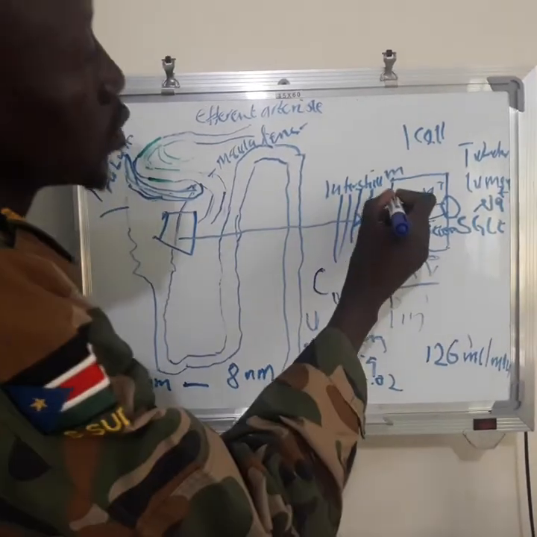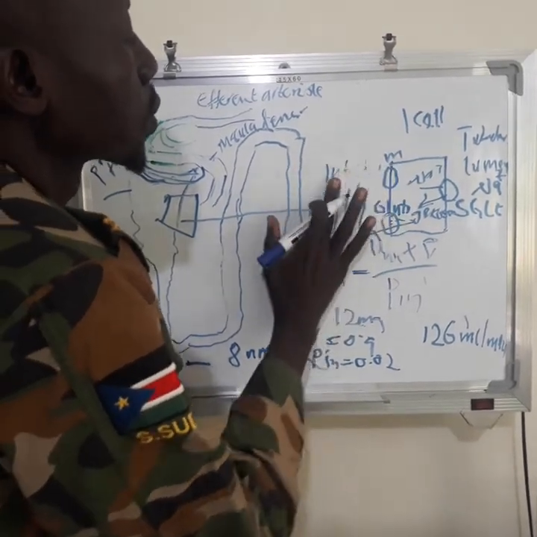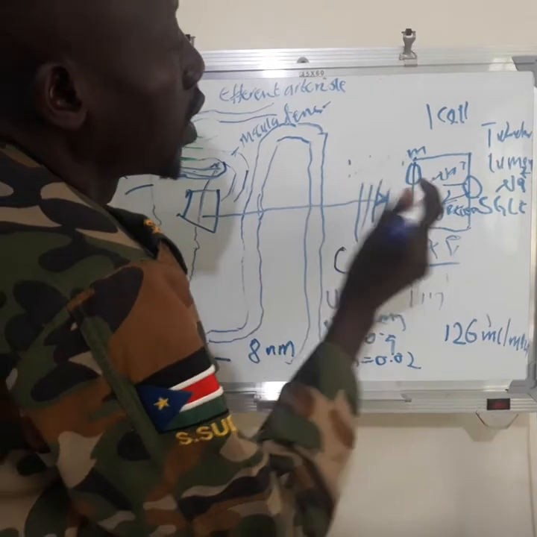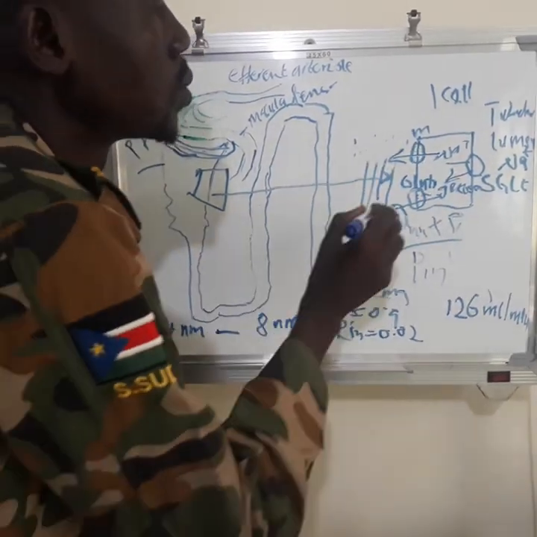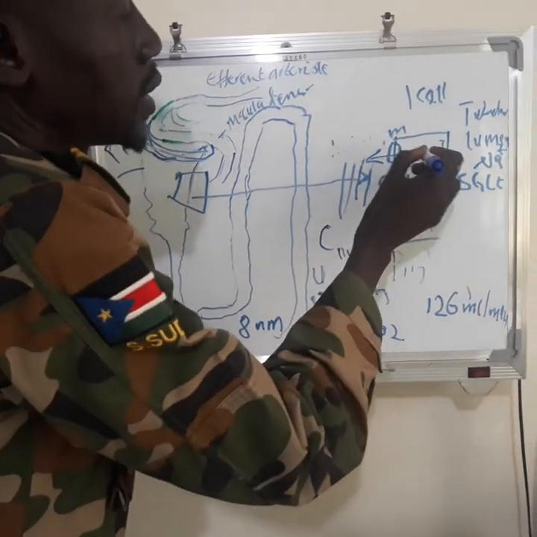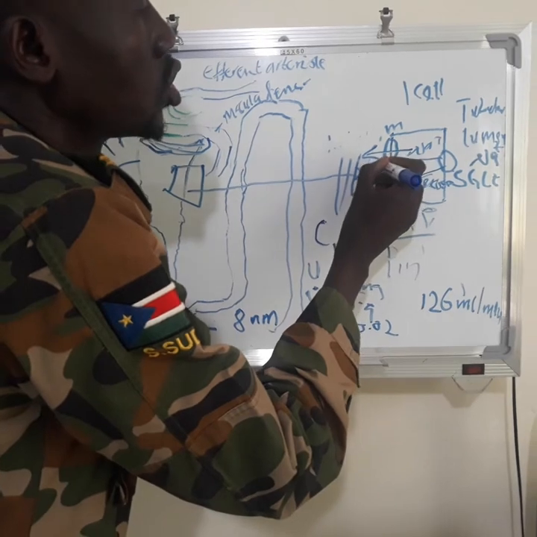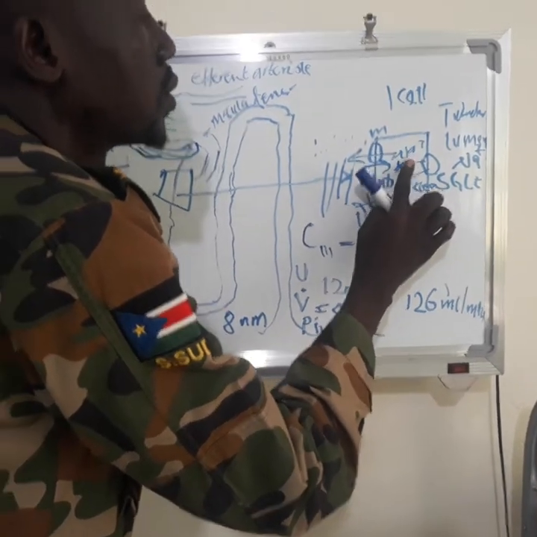Sodium here will be taken out of the cell into the interstitium by the sodium potassium ATPase in exchange for potassium.